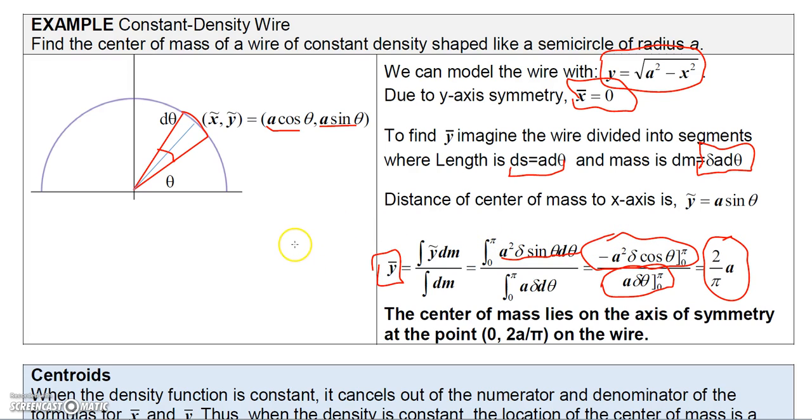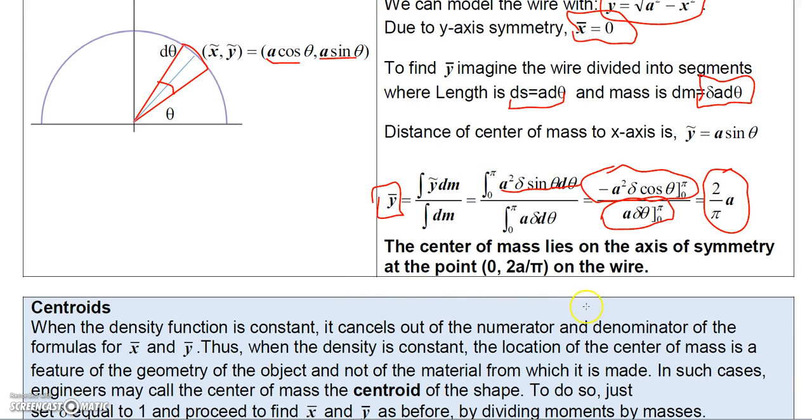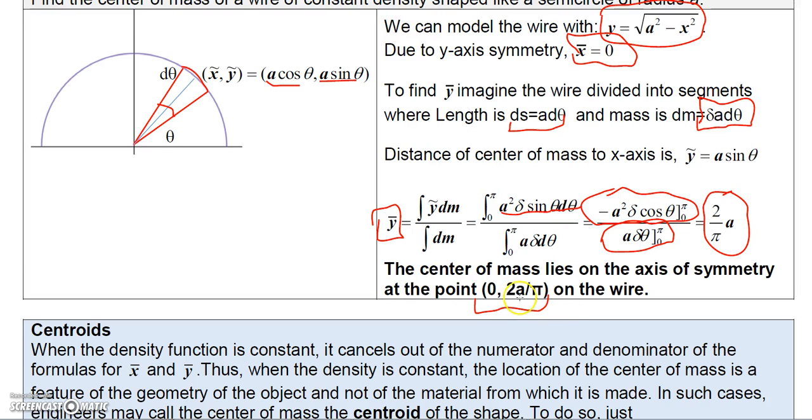So the center of mass actually lies on the axis of symmetry at the point 0, 2a over pi. If you knew what the radius of that semicircle was, you would have a numerical value for this point.